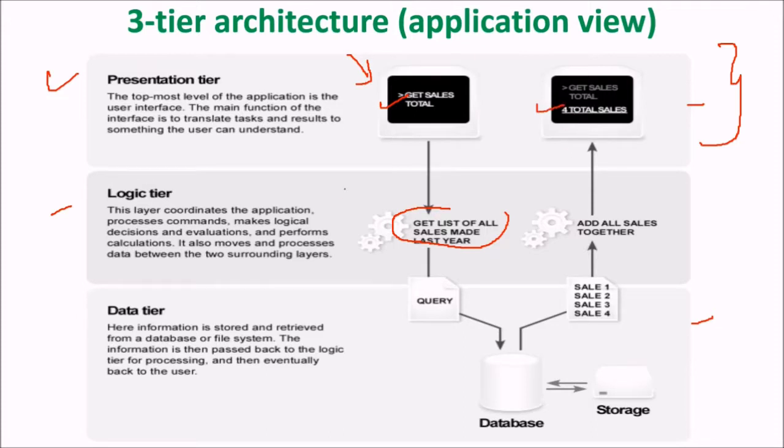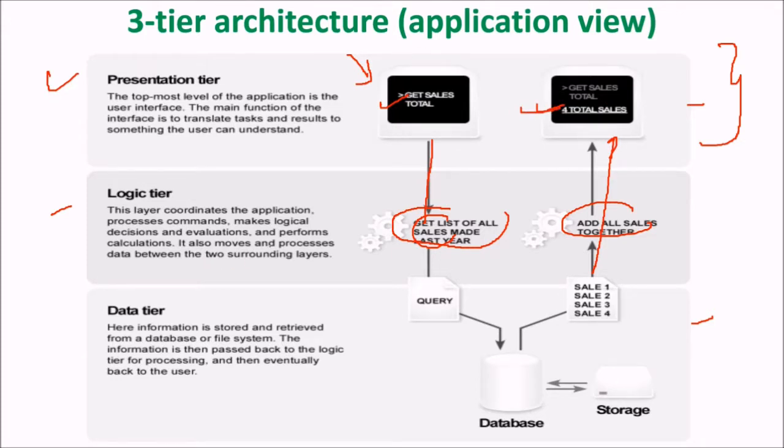What this logic tier is going to do is get the list of all sales made last year, along with all sales together. This is the input which the logic tier receives and processes, and this is how it transfers the output, that is adding all sales together, to the presentation layer.